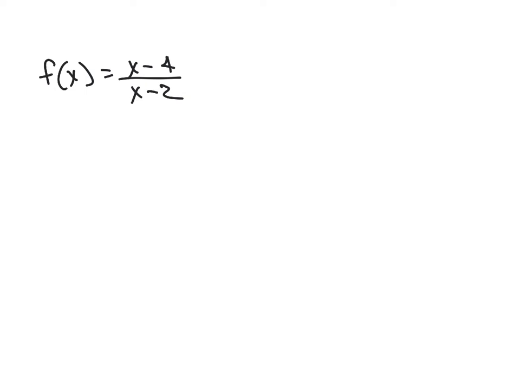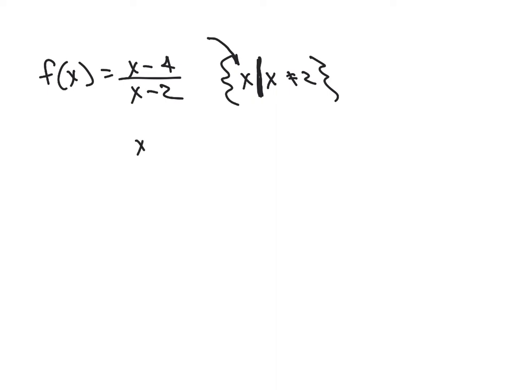Now, rather than write that, we use some symbolism that says the set of x such that x is not equal to 2. So that's how we write that. The domain for f of x equals x minus 4 over x minus 2 is the set of all x, the set of all numbers that we could put in there for x, such that x cannot be equal to 2.